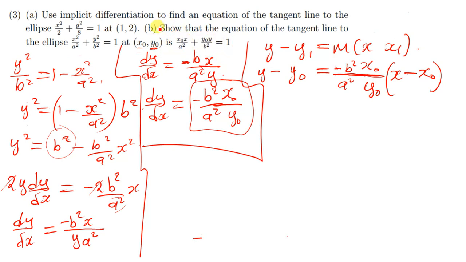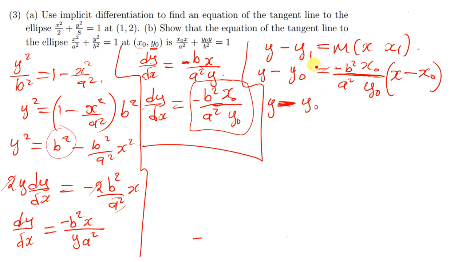So how am I going to simplify that? Simple. The first step that I'm going to take is to multiply this expression through the brackets. Let me simplify my work by saying y minus y naught.